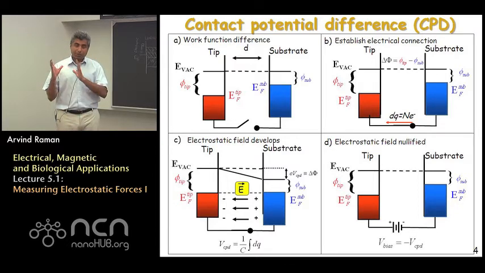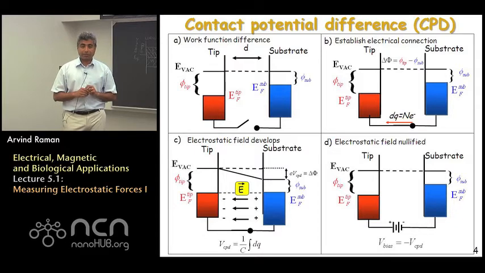Now, what we're going to show is how this difference in work function between the tip and the sample leads to a potential difference between the tip and the sample when they're connected together. So on the panel B, you see that when these two are joined together with an electrical connection, the tip and the sample, what ends up happening is that the energy of the electrons in the substrate and the tip are going to equalize, as shown in the panel on the bottom C. And that equalization is accompanied by a general lowering of energy, in this case on the substrate, such that the energy levels of the electrons in both the tip and the sample are the same, the maximum energies.